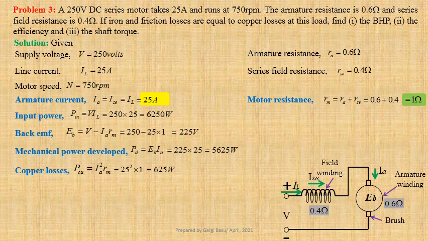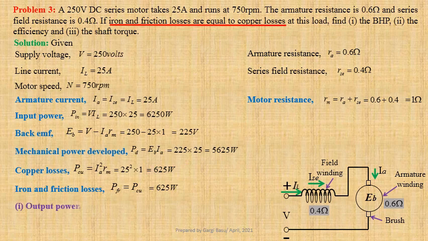According to the problem statement, at this load, iron and friction losses Pfr equals Pcu, that is equal to 625 watts. Let us now calculate output power. Po equals Pd minus Pfr.